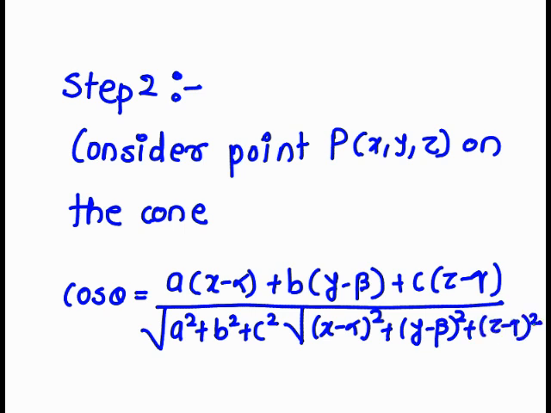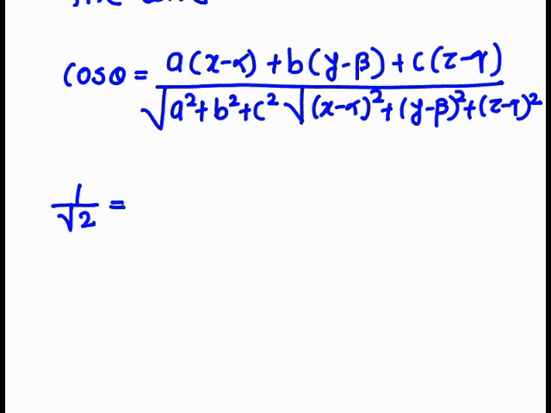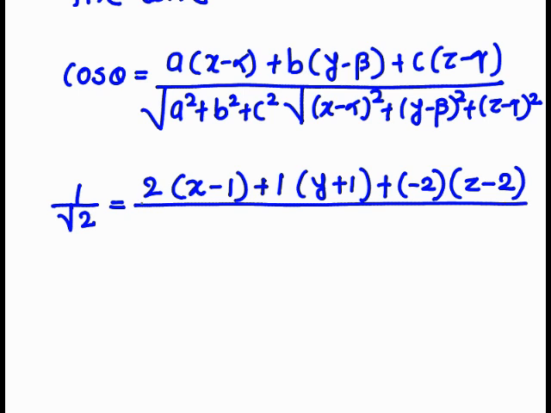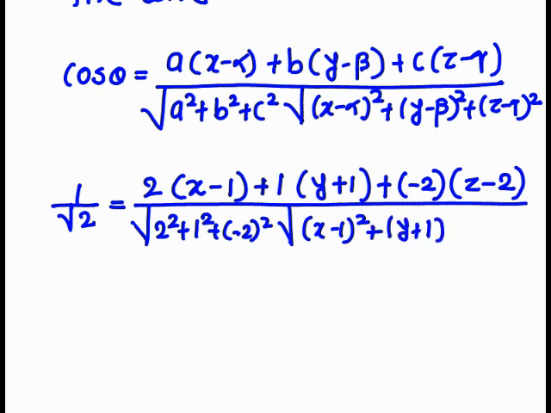Substituting all the above values, we get 1 upon root 2 is equal to: the value of A is 2, so 2(x - 1); the value of B is 1, and beta is -1, so (y + 1); the value of C is -2, and gamma is 2, so -2(z - 2); divided by the square root of 2 square plus 1 square plus (-2) square, into the square root of (x - 1) square plus (y + 1) square plus (z - 2) square.